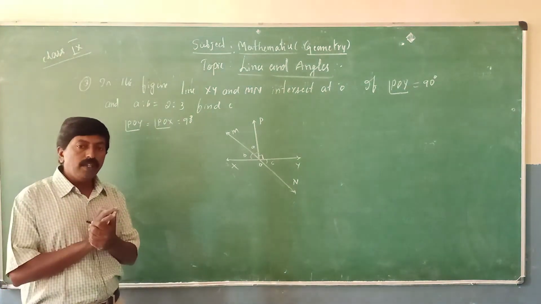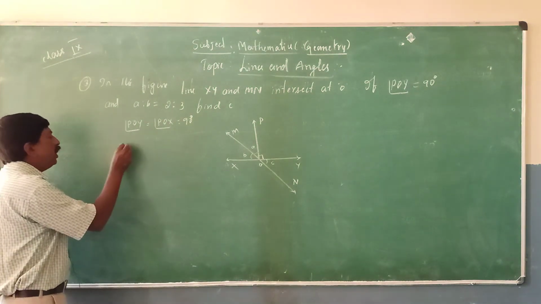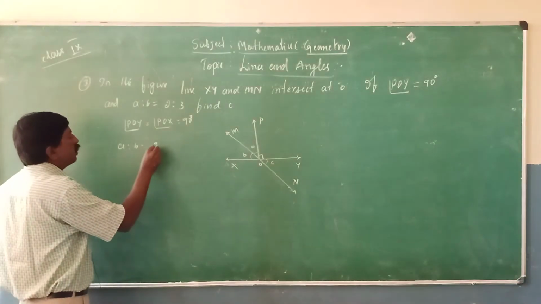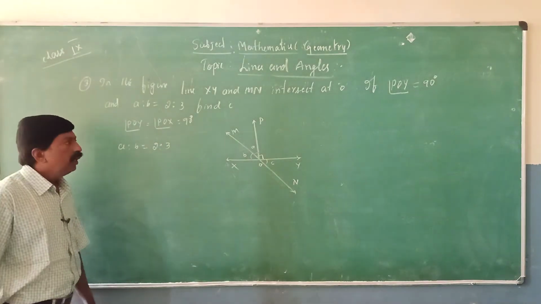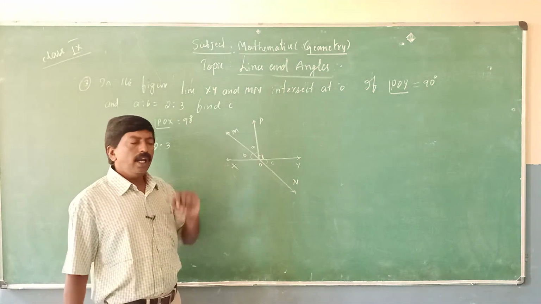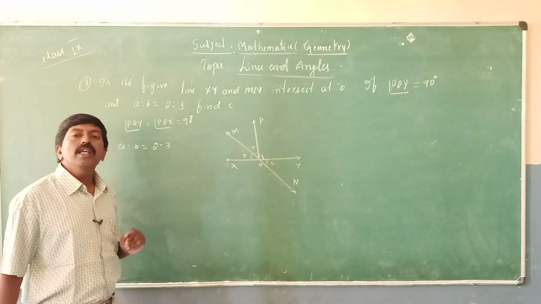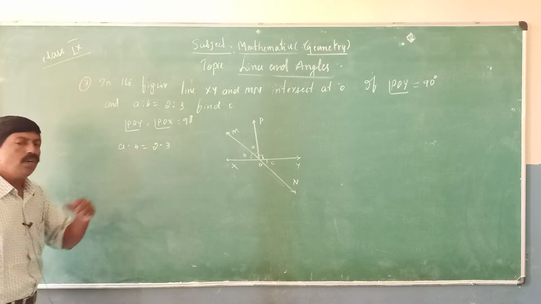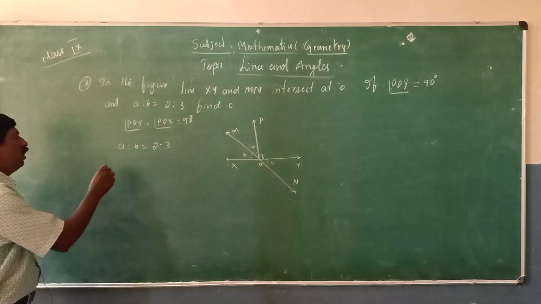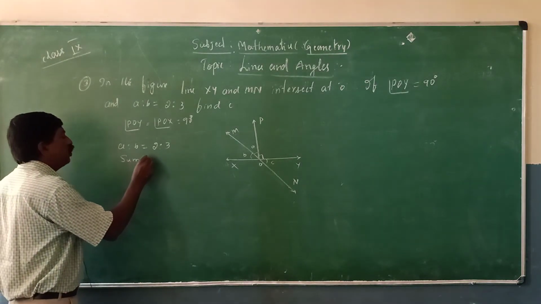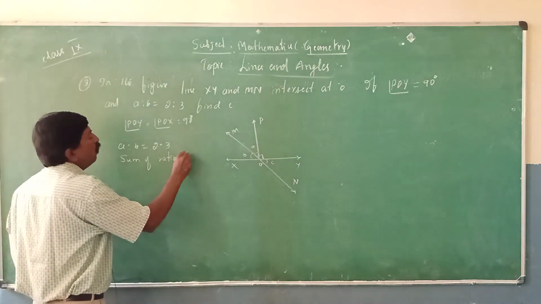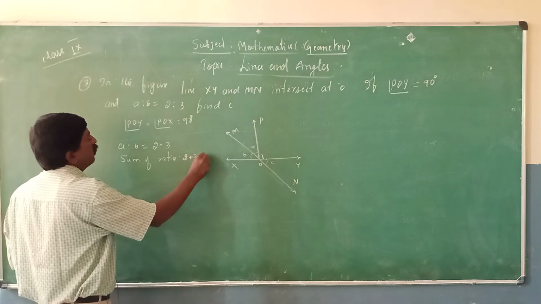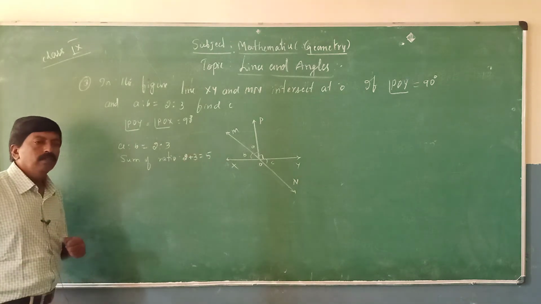With the help of this, A is to B is given. It is 2 is to 3 ratio. What is A? A is MOP angle, B is MOX angle. Its ratio is given 2 is to 3. Find its sum of ratio. Sum of ratio 2 plus 3 is equal to 5.